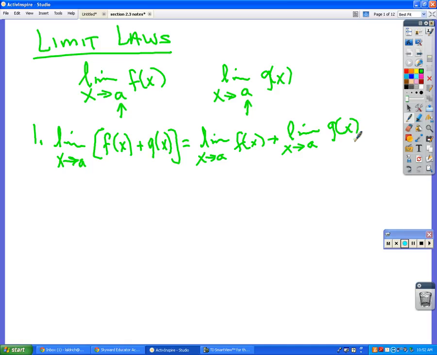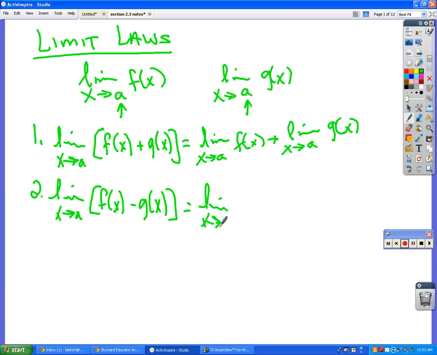So if you want to find the limit of two functions added together, if you find the limit of the two functions independently first and then add those answers together, that will give you the same answer, okay? If you want to find the limit of two functions that are being subtracted, guess what you do? Then you subtract the two limits.